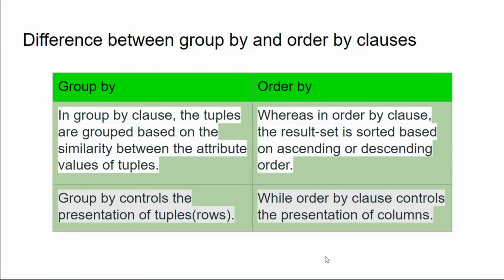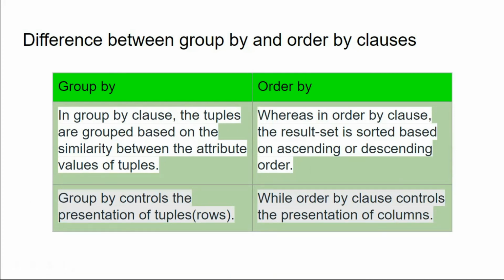And one more point which we discussed earlier in the group by clause: the tuples, that means the rows, are grouped based on the similarity between the attribute values of tuples. Whereas in order by the result set is sorted in ascending or descending order. And here the group by controls the presentation of tuples.